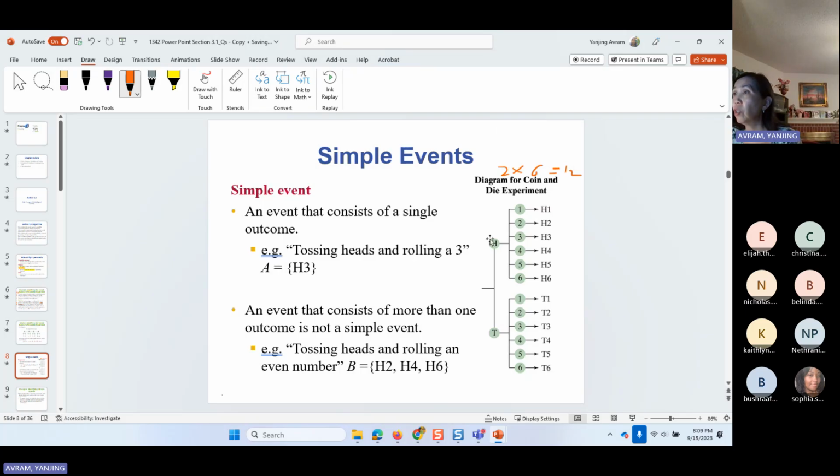Okay, so you can have H1, the head with 1, 2, 3, 4, 5, 6, and then the tail also combined from 1 to 6. So that is 12 possible outcomes, right? So I don't really have to draw this one. I should be able to count this one as 12, basically. But the tree diagram can help you identify more clearly.